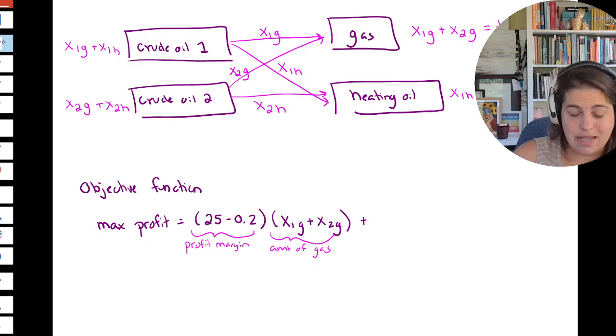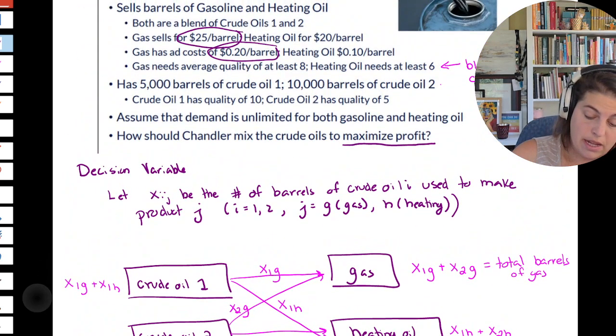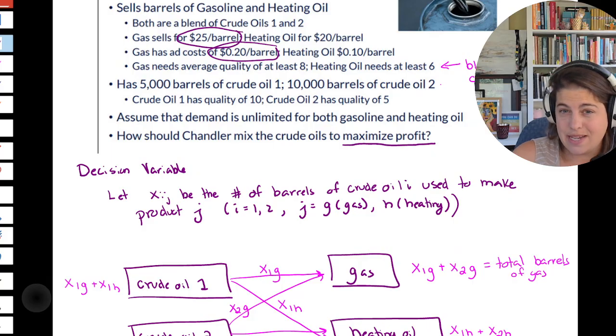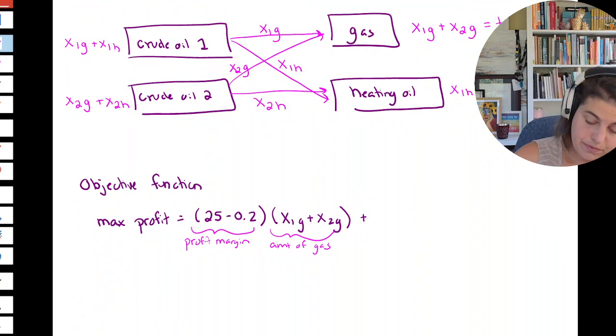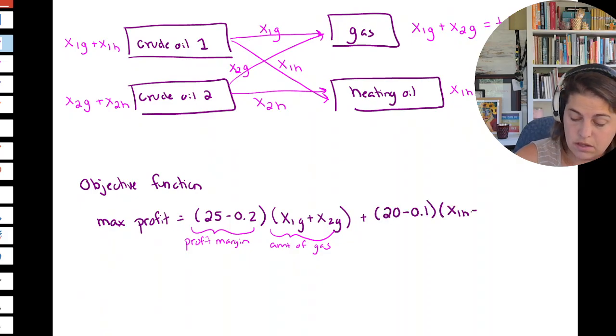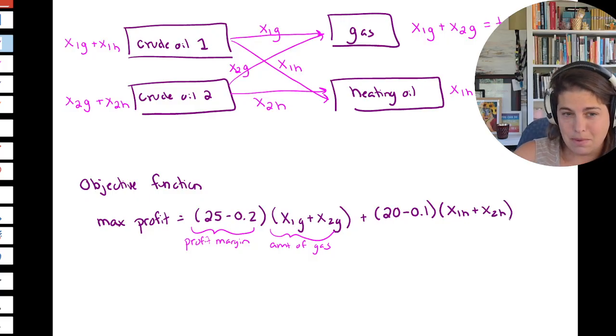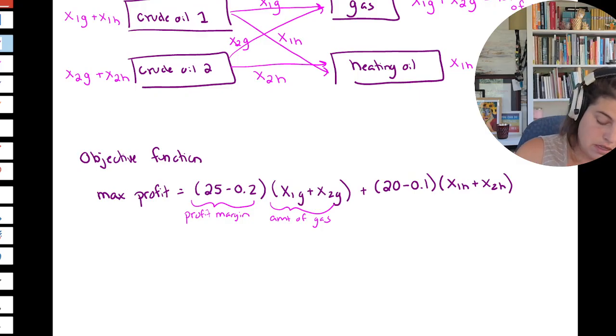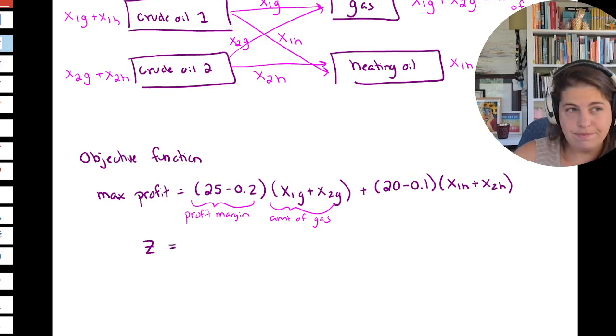For heating oil, same thing. So for heating oil, it sells for $20 a barrel and it has an added cost of 10 cents per barrel. And my quantity of heating oil is the sum of its parts. Now, depending on the specifications of your professor, proper linear format, we want one coefficient with one variable.